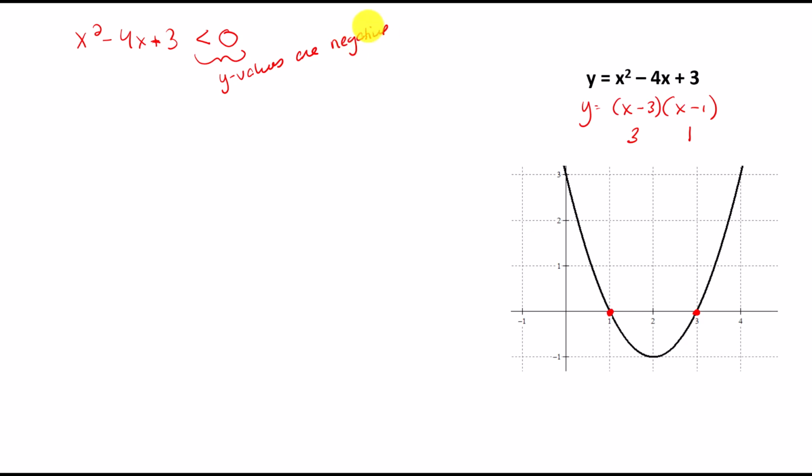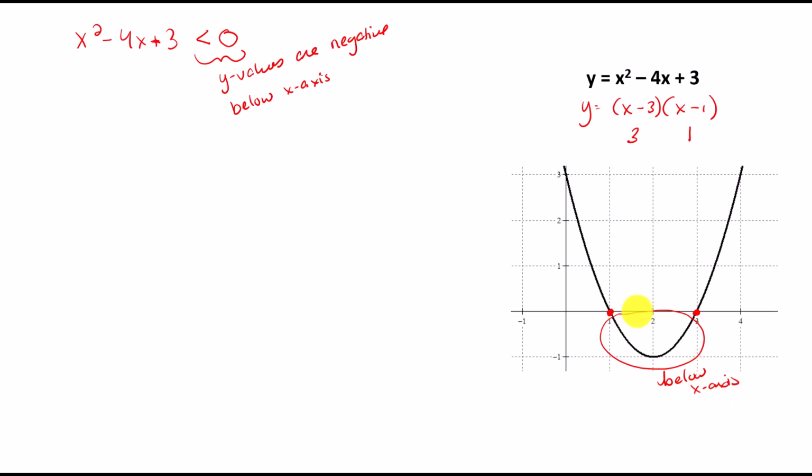Another way to think about that is that we want to find the part of the graph that lies below the x-axis. So if we ask when is x squared minus 4x plus 3 less than 0, we can see that the part that is less than 0 is this bottom part, which is below the x-axis.